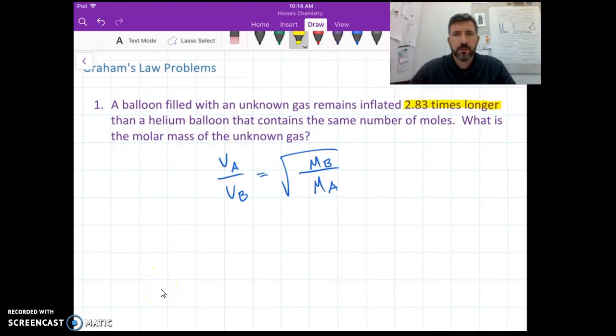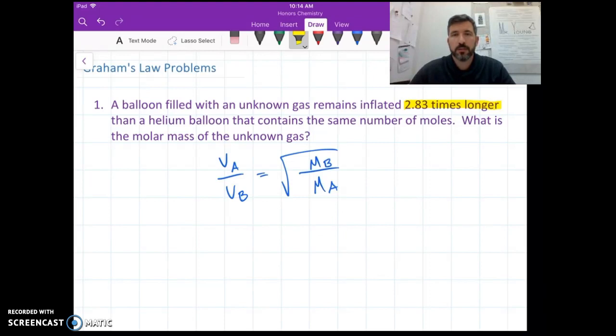What can we then assume about the speed of that unknown gas? If the balloon stayed inflated 2.83 times longer, then that gas is moving slower because it effused slower, 2.83 times slower.